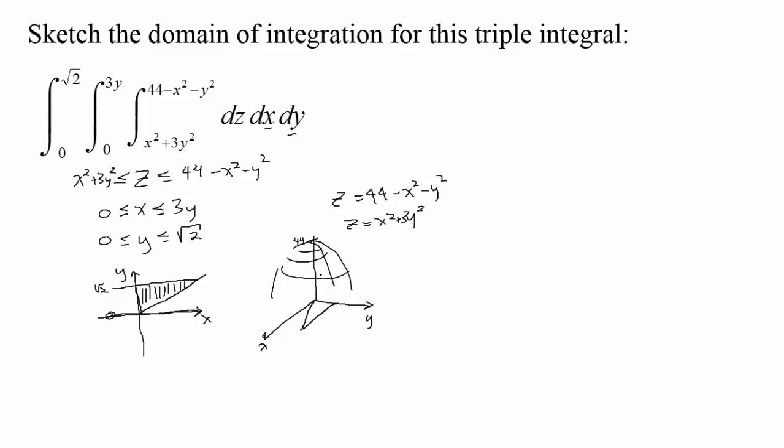This one, when x and y are both 0, at the origin z is 0, and then it moves up parabolically. If you freeze y, then x will move up like this, and if you freeze x, y will move up, but a little faster because of the coefficient 3 on the y squared. So we have an elongated bowl opening up and a sort of uniform bowl opening down.